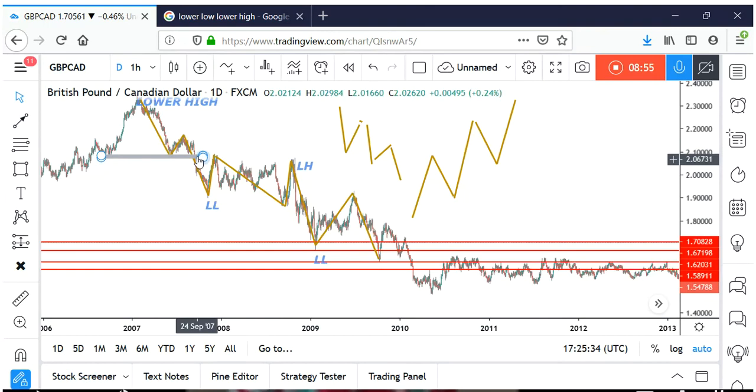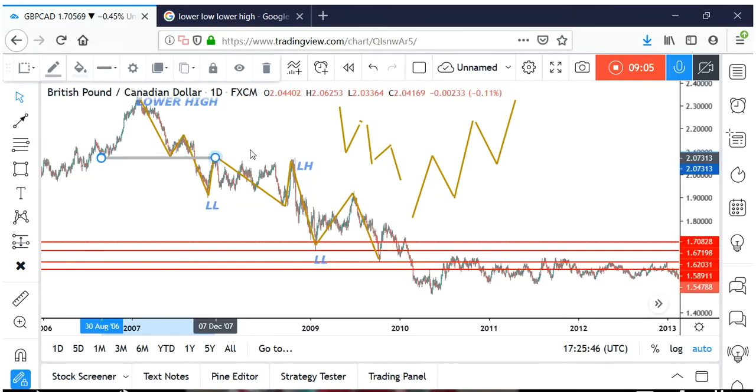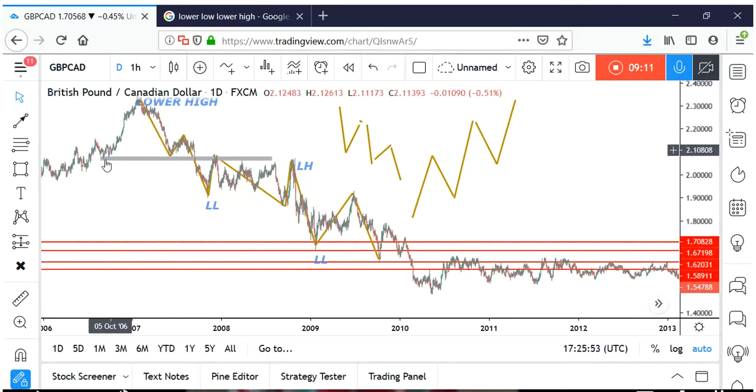So once this was taken out, this candle closed below this, then I knew that we were in a new trend, which is a downtrend. So this is it. And if you extend this line, you will see that we found resistance.